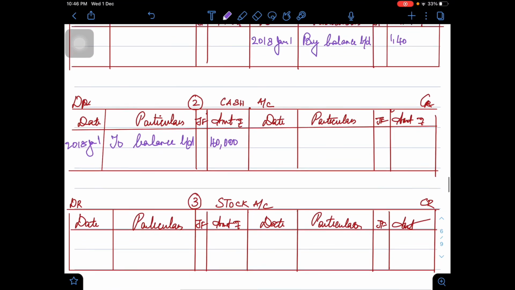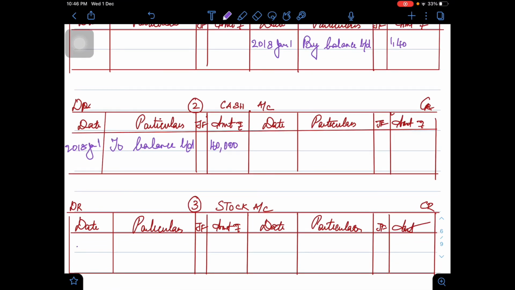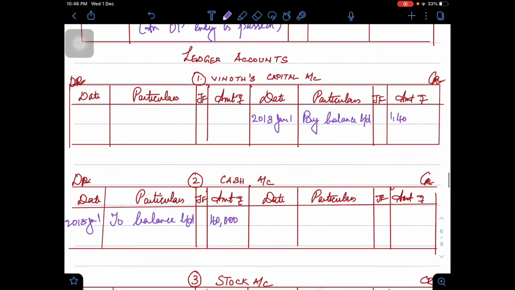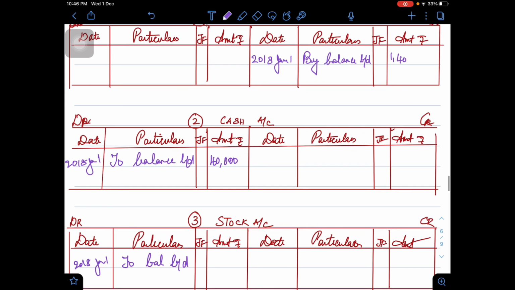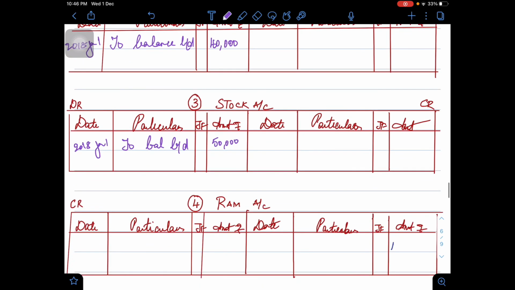Similarly I will say 2018 January 1 to balance brought down, stock is 50,000. You should also know how to prepare other ledgers. That's why I am showing you even other accounts.